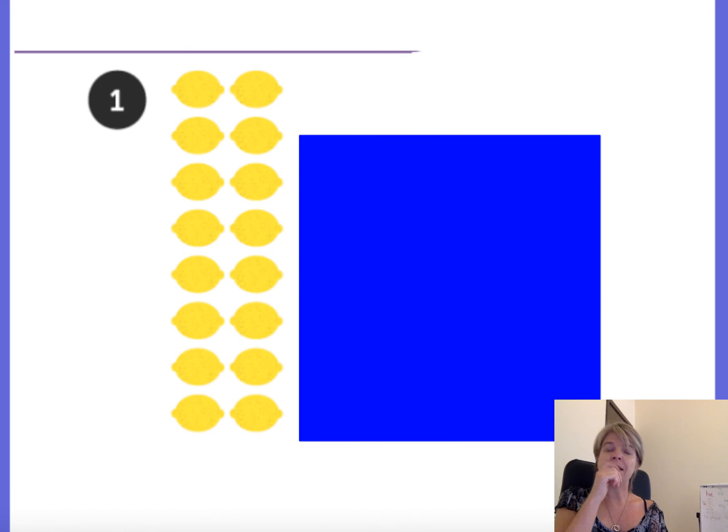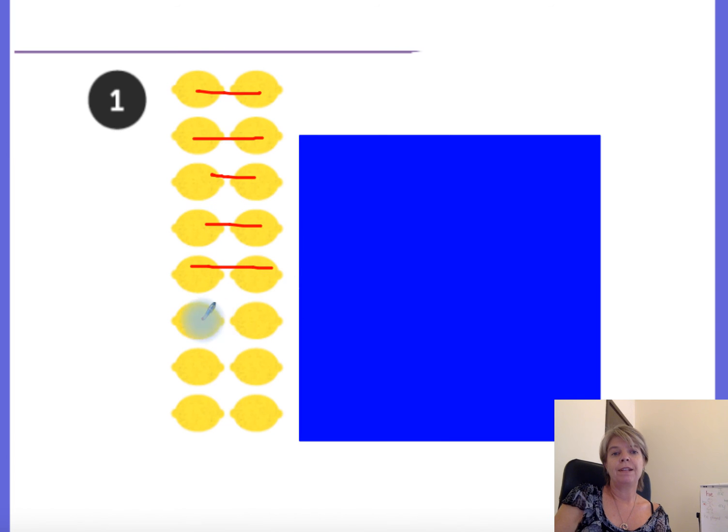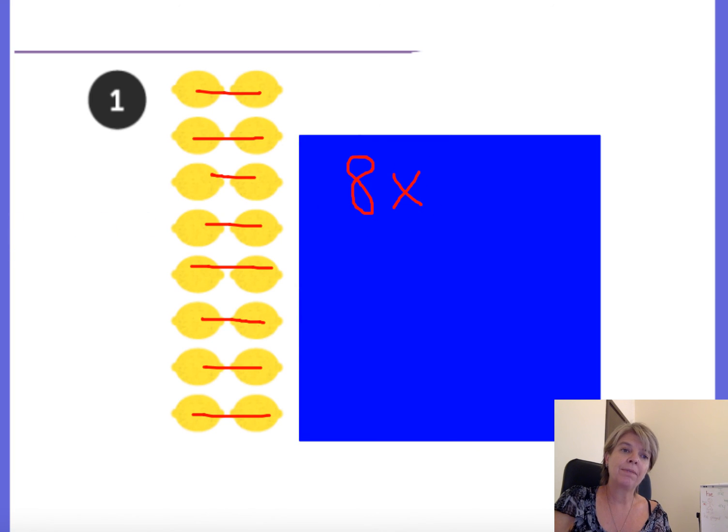How about the lemons? This time, how many rows are there? Let's count the rows together. 1, 2, 3, 4, 5, 6, 7, 8. There are 8 rows. How many lemons in each row? Easy peasy, lemon squeezy. 2.